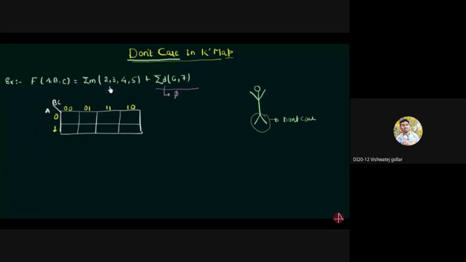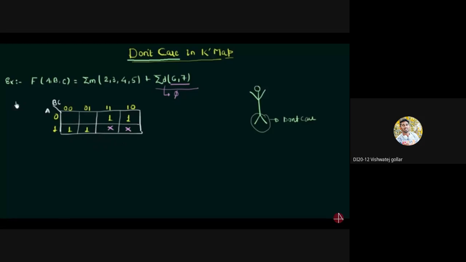Now m2, m3, m4 and m5, let's fill it: 0, 1, 2, 3, 4, 5, and our 6 and 7 cells are the don't care. So we will write a cross, or you can write d as well, but in most of the books you will find the cross, so I'm using the cross notation for your don't care. So this is your K map. This is how it looks.